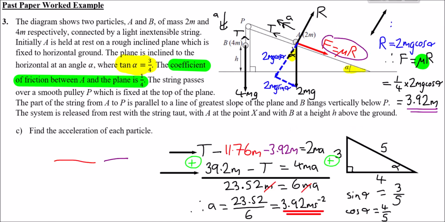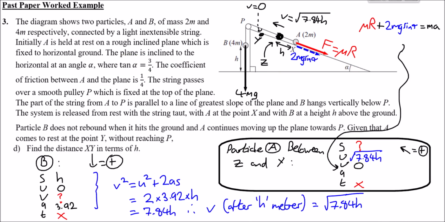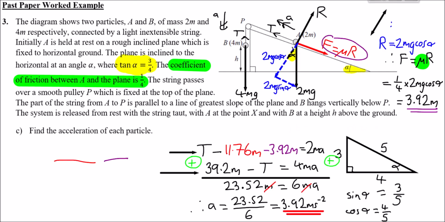skip back for a second. So what we had here, we had that μr was 3.92 m. And we also worked out what 2mg sine alpha was in simpler terms.